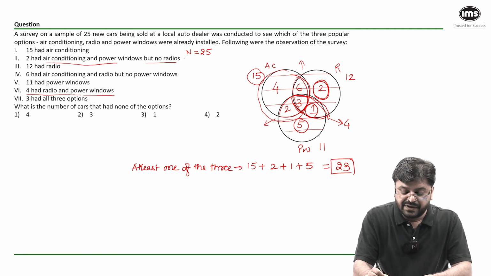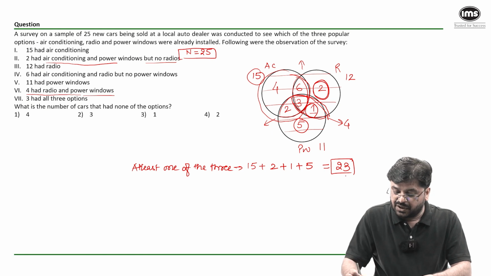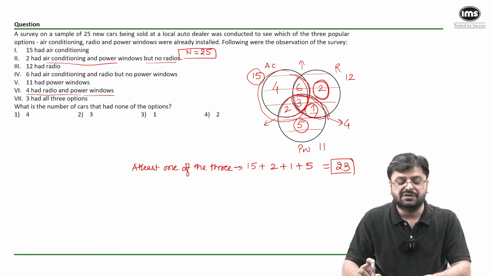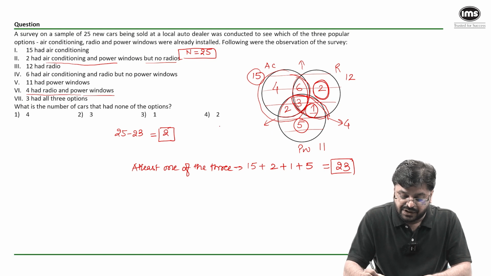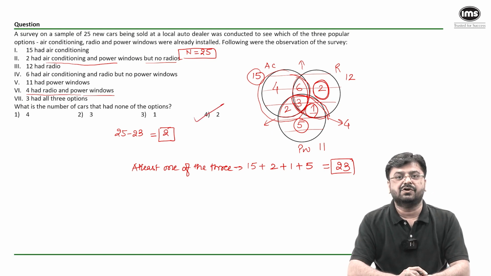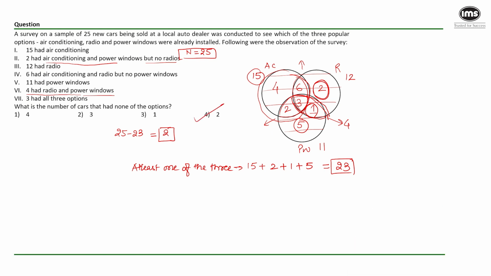In all, we surveyed 25 cars, out of which 23 have at least one feature. So the remaining 2 will have none. So there are 2 cars which have none of the options. Option 4 is the answer.